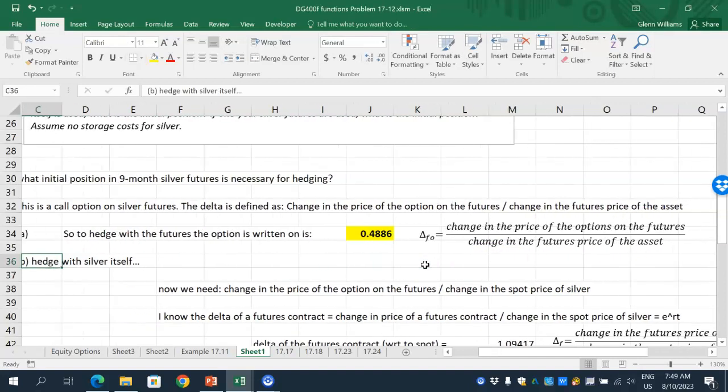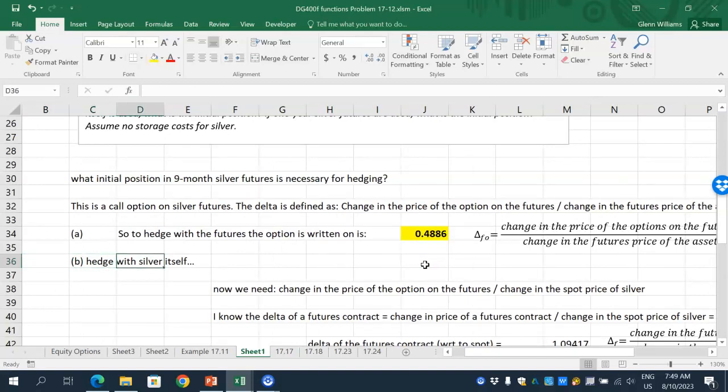Okay. And then the next question says, suppose you were going to hedge with silver. So you've got a call option on the futures, but you're going to hedge it by buying a certain amount of silver. Now what we need is to know how the price of the option on the futures will change relative to a change in the spot price of silver.